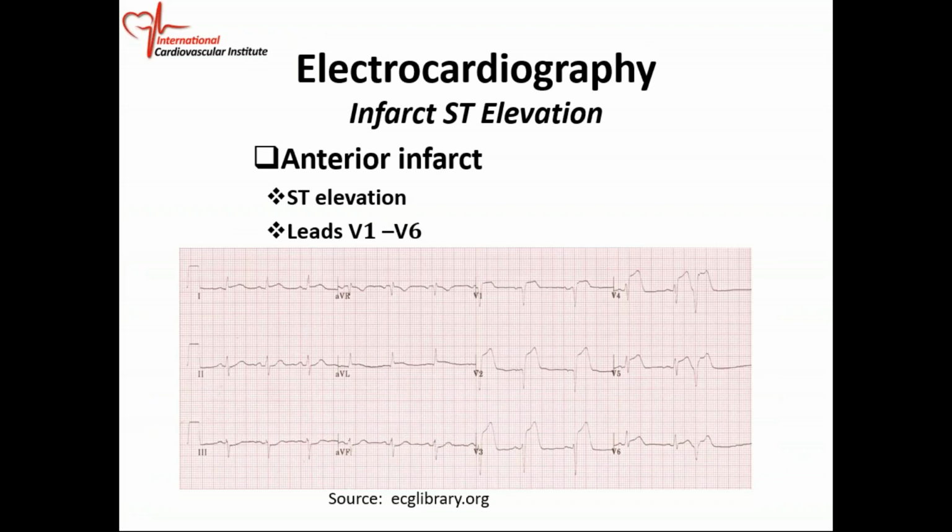Now, for your anterior STEMI, this is an anterior lateral, really, but the pure anterior leads are V1, V2, V3. We usually call them anterior septal leads, and then V4, V5, and V6 are the lateral leads.